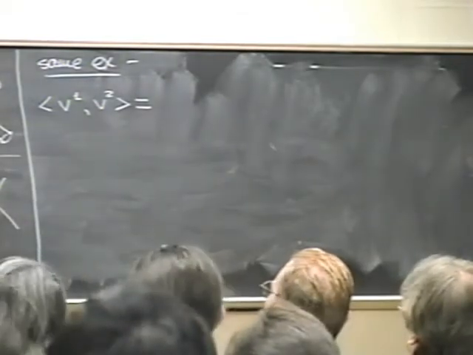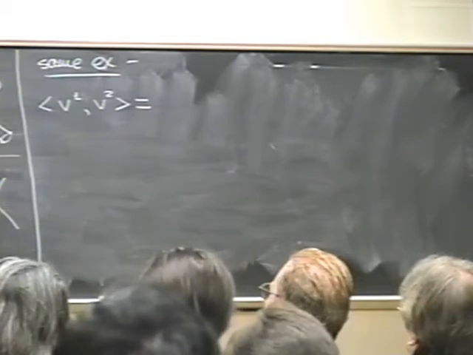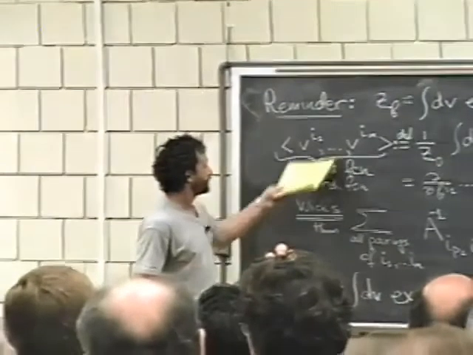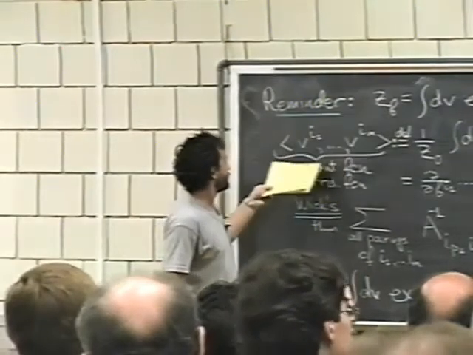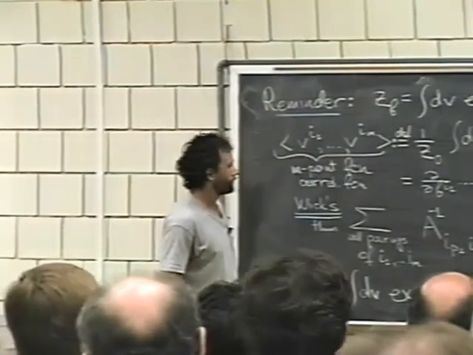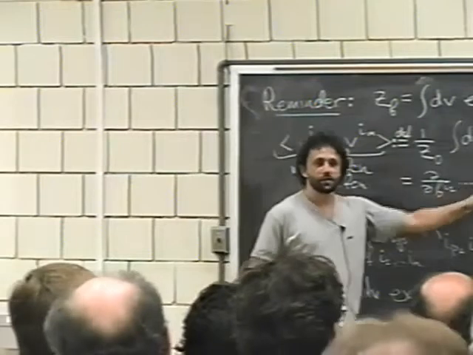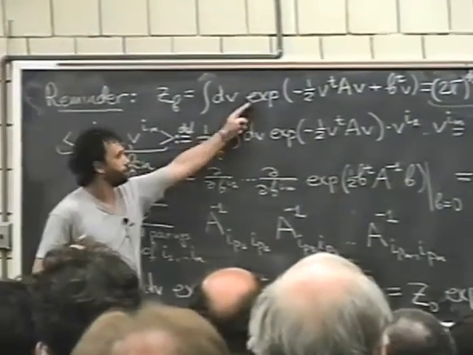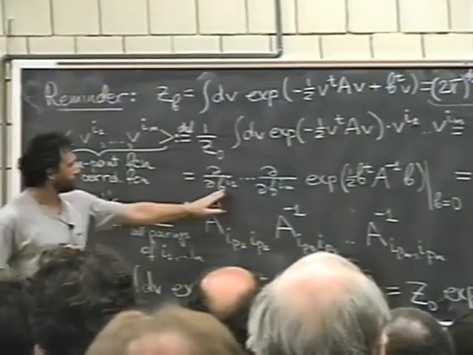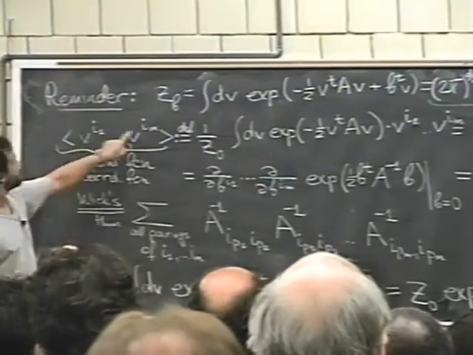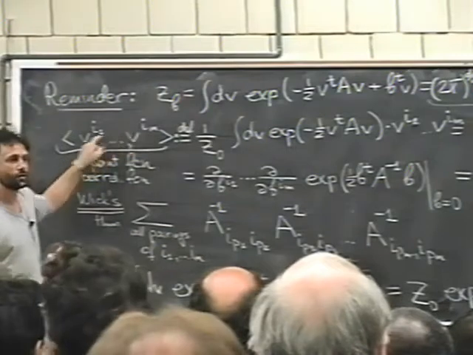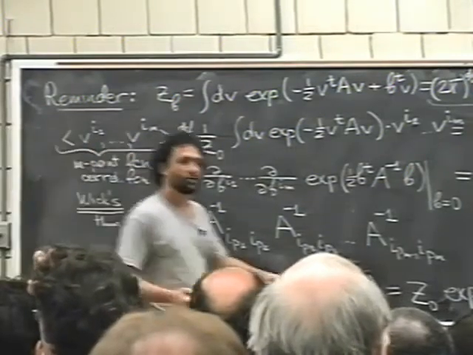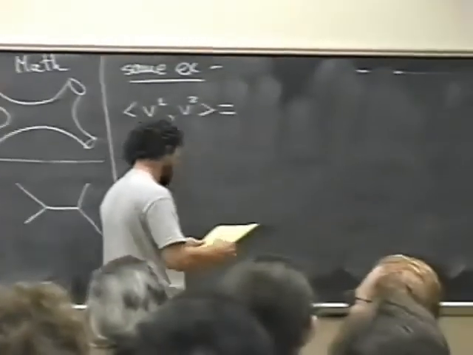The only difference, basically, between the partition function here and this correlation function is that I should take some number of derivatives of this guy. Now, the derivatives correspond precisely to these coordinates, which means that here I should now take two derivatives.